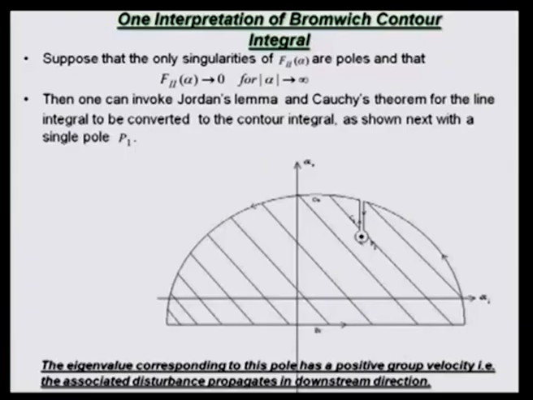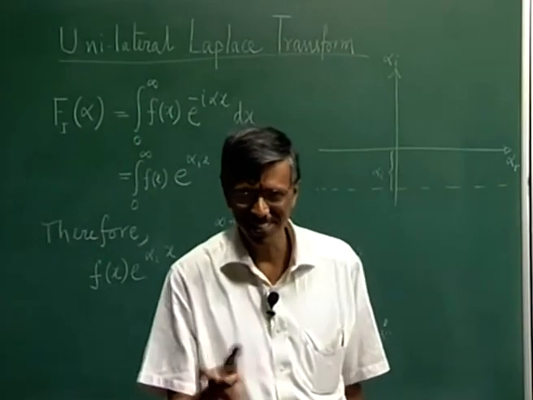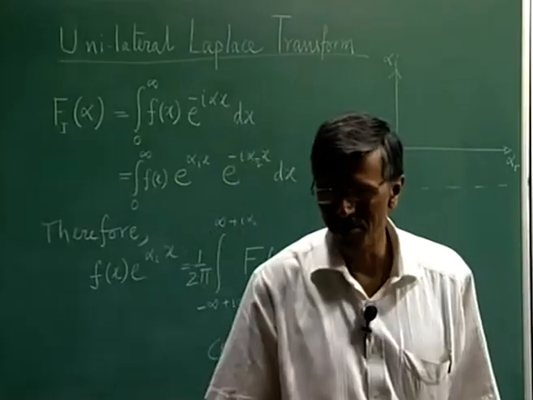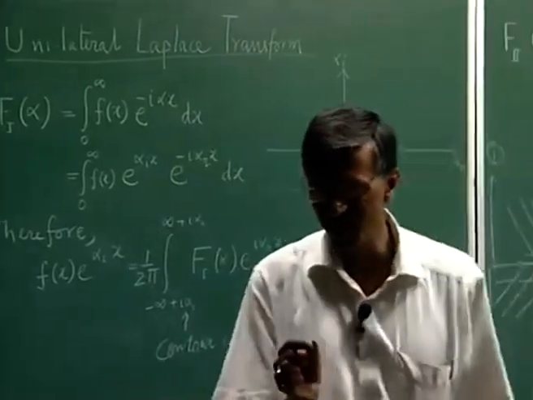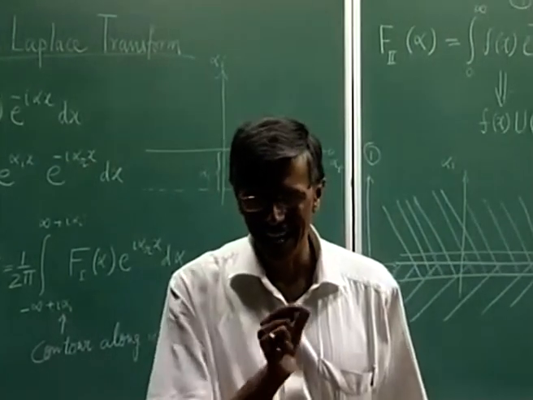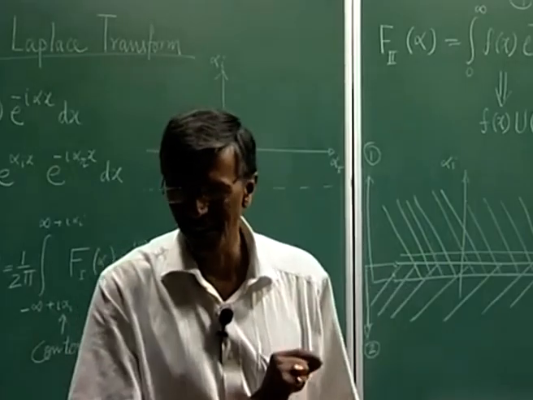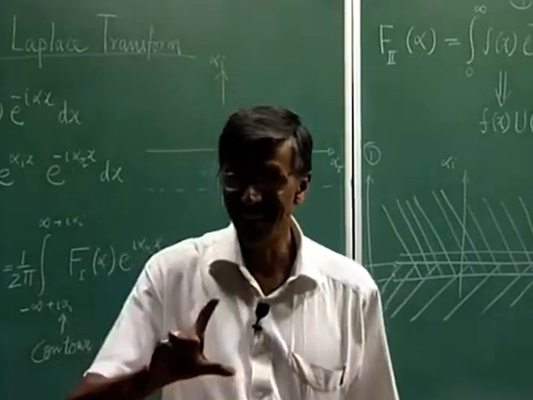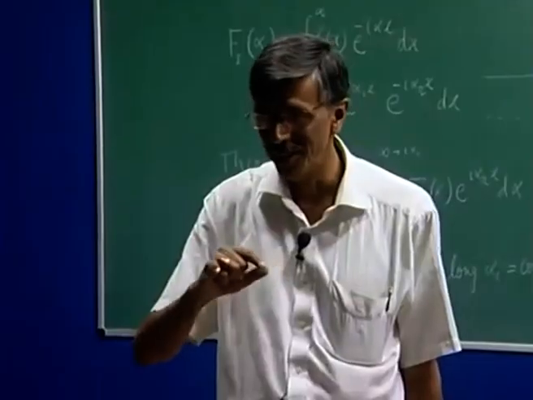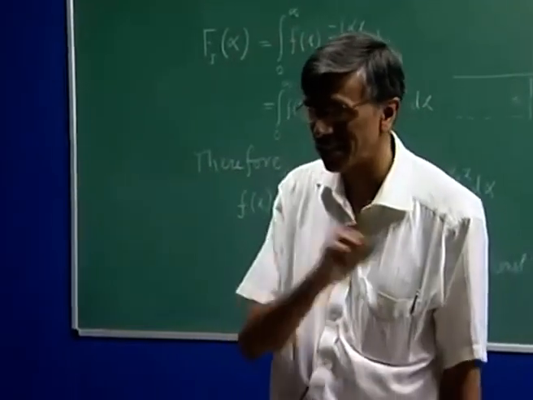So, basically what does the transfer function now tell us? The transfer function is something like your amplifier, right. So, if you give a very imperceptible small disturbance, and that disturbance happens to be the pole of the transfer function, then you are dividing by 0. So, you are basically amplifying it.